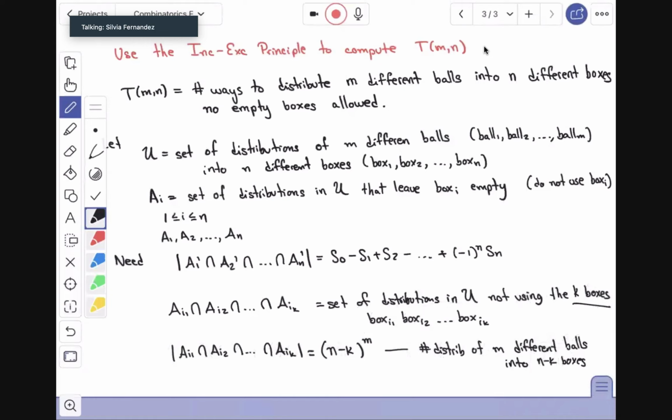So it's like the first column, first row in my distributions table. And so that implies that S_k is, I choose the k boxes, the k sub-indices here, so that's the number of terms for my S_k, n choose k, and then I multiply times the cardinality of each one of them.